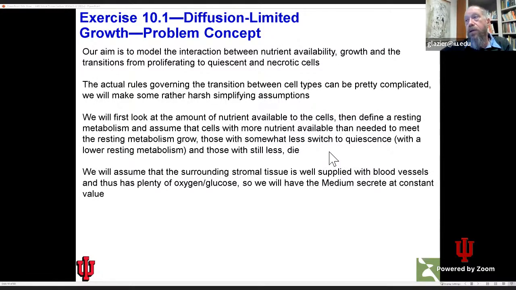And then if we like, we can define a set of switches that give us quiescence and necrosis. And we're going to use this trick that I just described. We'll assume that the surrounding tissue around the tumor has plenty of blood vessels, and so it has enough oxygen, glucose, and we'll have the medium then secrete at constant value.